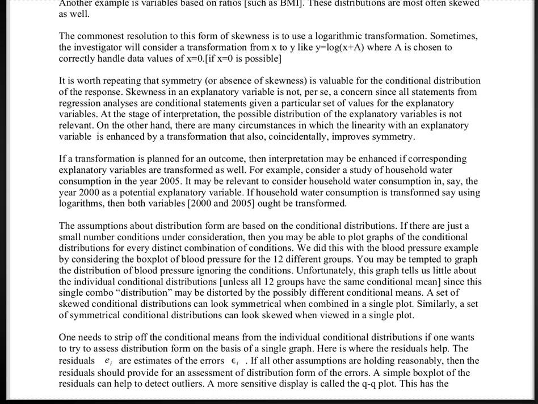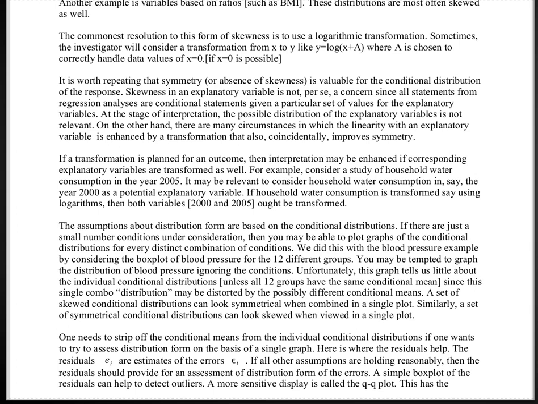The challenge is that if the assumptions are not holding well, then the entire analysis may be suspect. So the residuals may be misleading us. There's no simple answer, but it's worth a try. And in fact, many authors will suggest this is what you should do. Very provisionally construct the residuals, from a model that could be discredited, but then go ahead and try a graphical method.